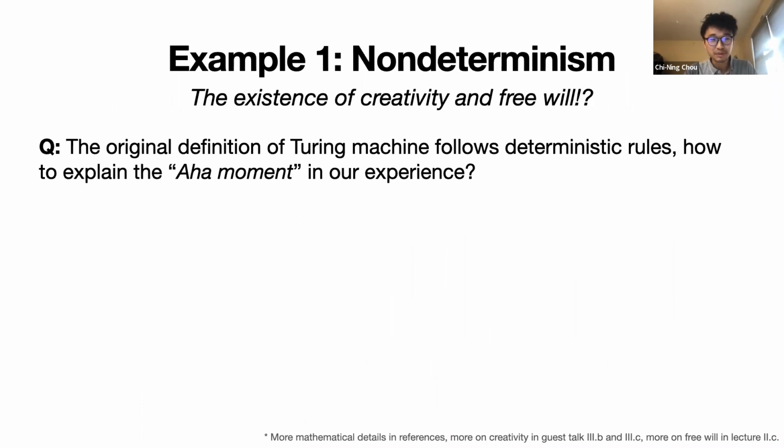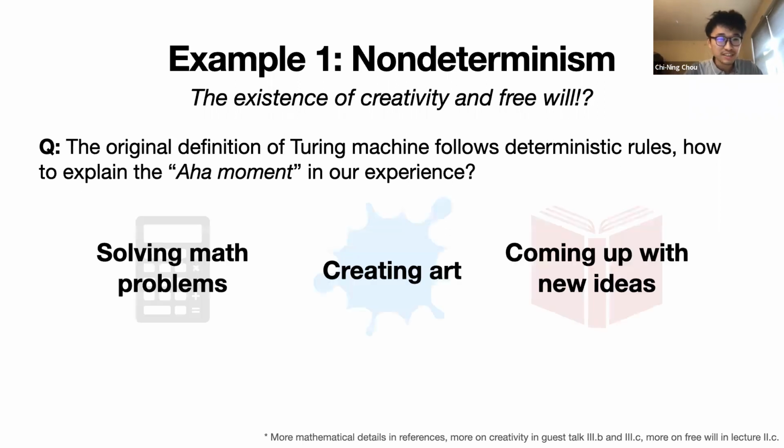So the first example is nondeterminism. At first glance, for people who haven't seen this before, this maybe sounds like a philosophical or physical term. But what we really mean here is maybe referring to, for example, your experience of an aha moment, like when you are solving a math problem and suddenly figure out how to do it, or when you're creating art, somehow you suddenly have an idea in your mind.